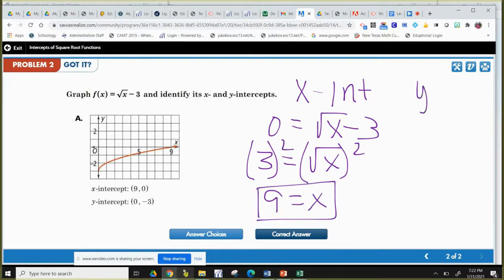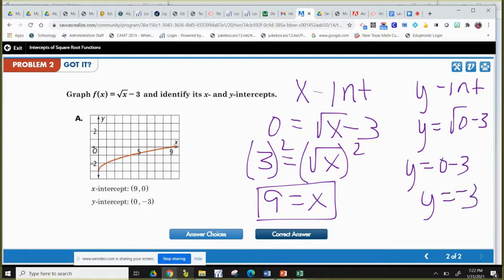And then for the y-intercept, plug in 0 for the x. There are your x-intercept and your y-intercept. So there are two ways you can do that, either by the graph or by replacing the opposite letter with 0.